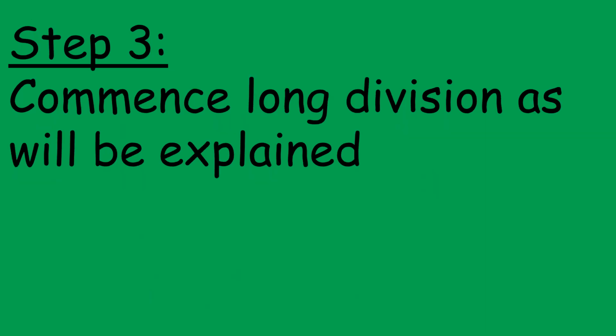Now our third step is to commence long division, as we will be explaining. We will be carrying out a long division and we will explain the procedure. So what we will do now is to carry out the long division of our number as grouped.